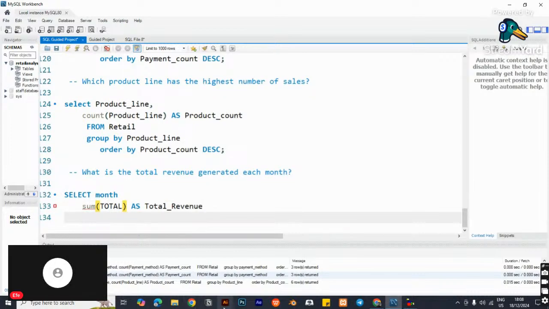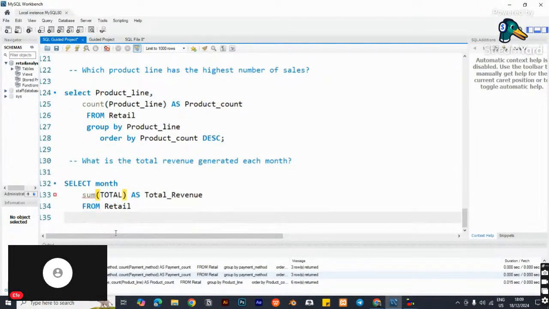Okay. So select the month as total revenue. From, with practice, you get to understand this, okay? From retail, okay? So we'll have to group this.